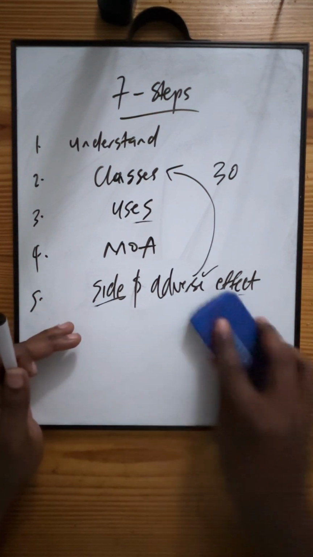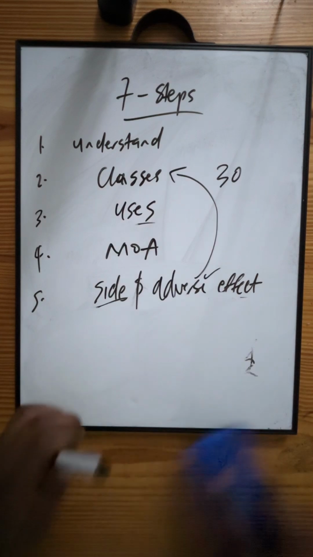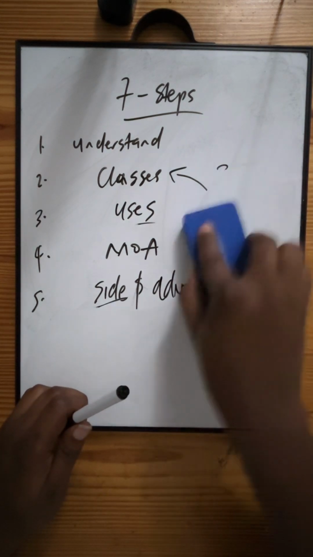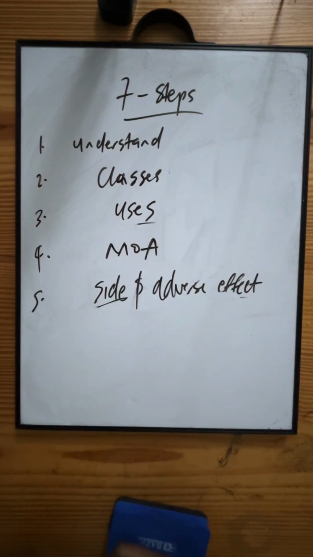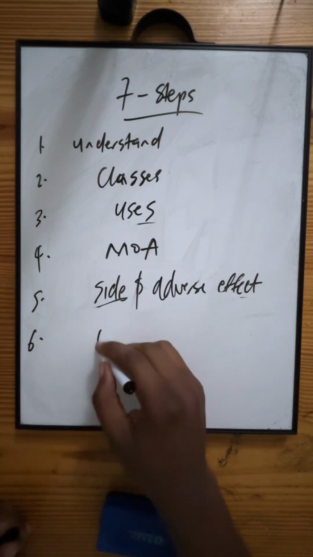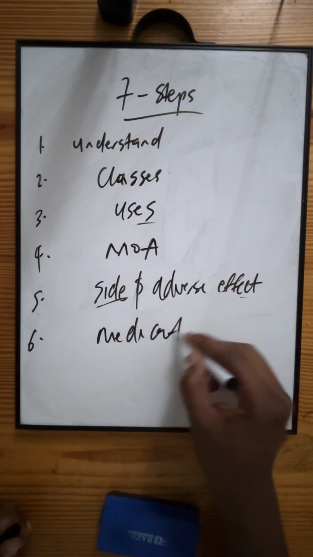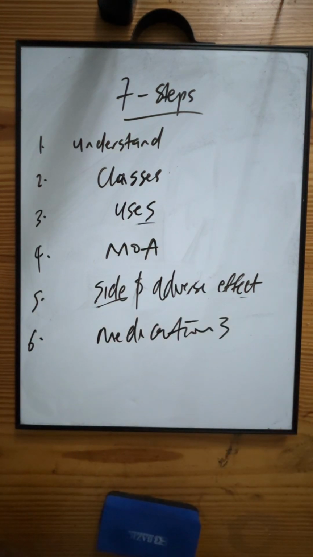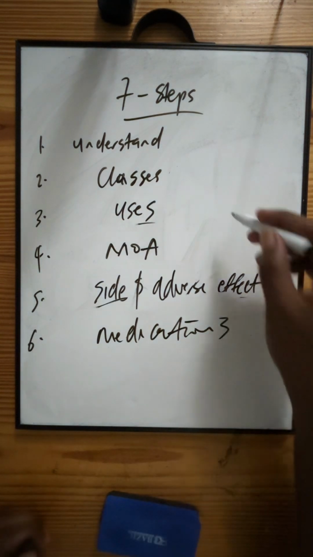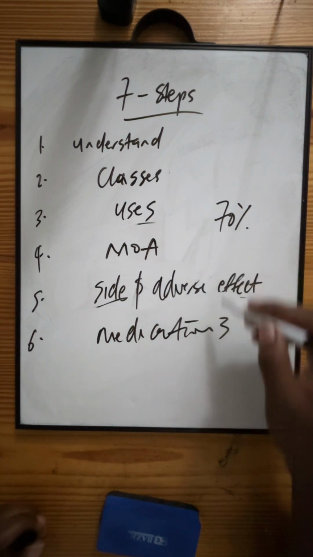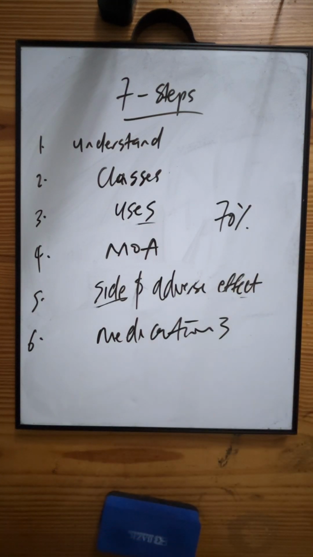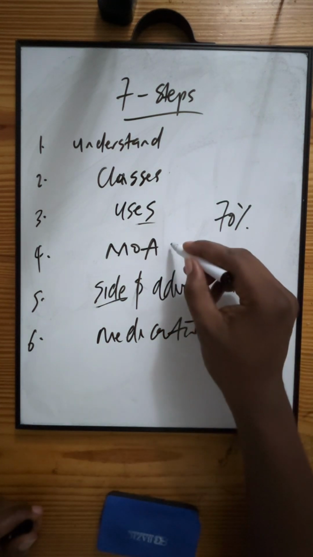When you are done with the aspect of side effects and adverse effects, we now want to know the medications. This way, even before we get to the medications, we are familiar with 70% of the knowledge that doesn't require understanding of the medication, because now we know the MOA.